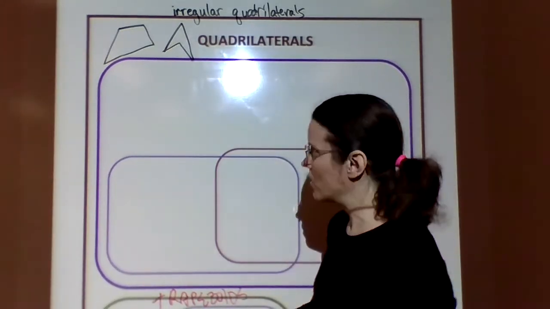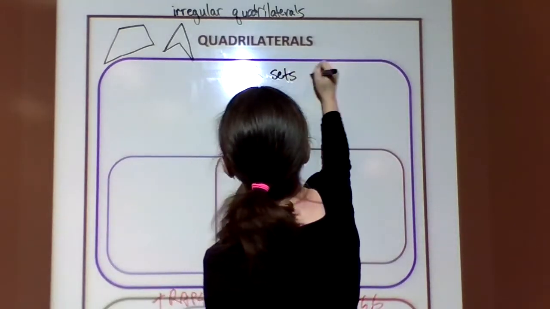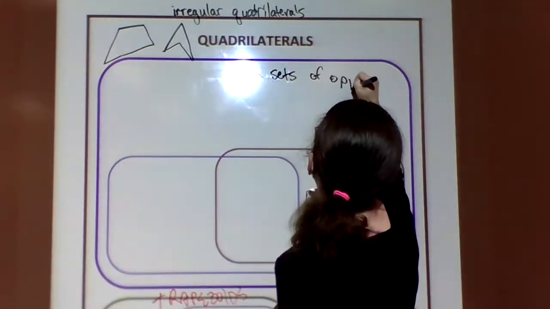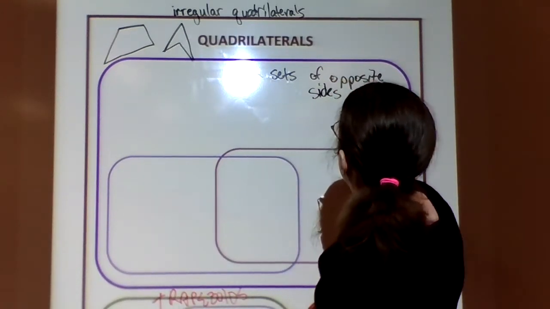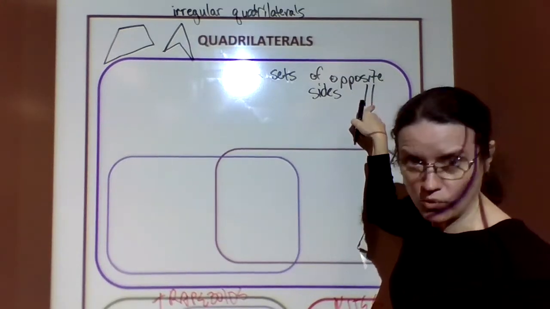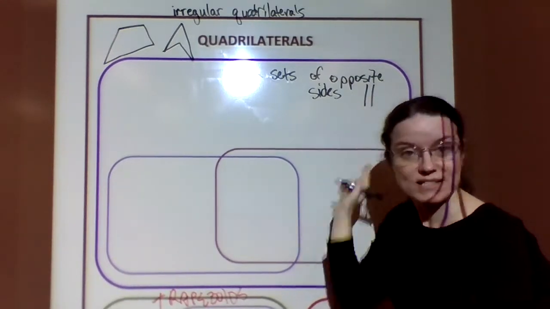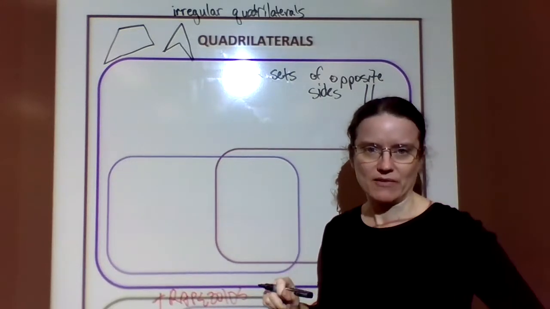Now we're going to talk about ones that have two sets of opposite sides parallel. And you notice I used the parallel symbol because why write out the whole word when you know a symbol that works for it? So I've got two sets of opposite sides parallel.